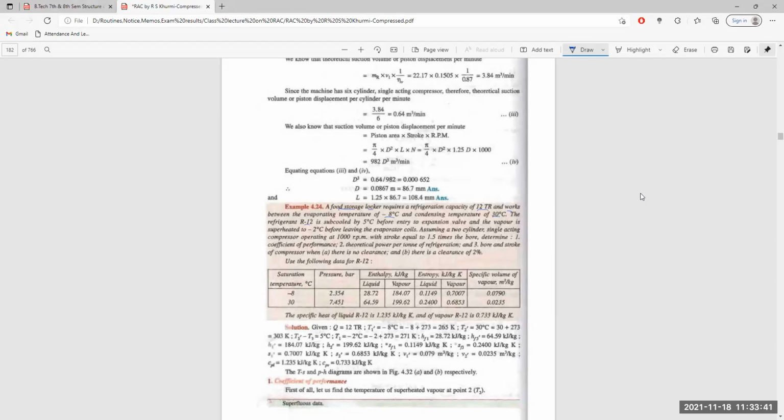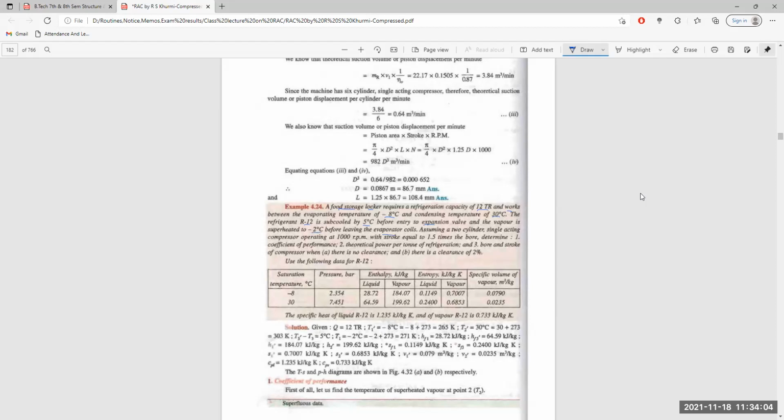It is subcooled, which means it is cooled at wet saturation condition down by 5 degrees centigrade before it comes out from the condenser and goes into the expansion valve. The vapor is superheated to -2 degrees centigrade before leaving the evaporator coils.